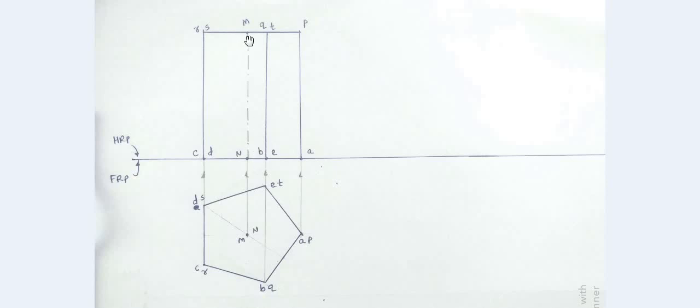So as these two, axis MN and base, are 90 degrees to each other, if axis MN makes an inclination of 30 degrees to HRP, the base would make 60 degrees to HRP. In other words, if we draw this base ABCDE at an angle of 60 degrees to this HRP, then automatically this axis will make 30 degrees, because the angle between them is 90 degrees.